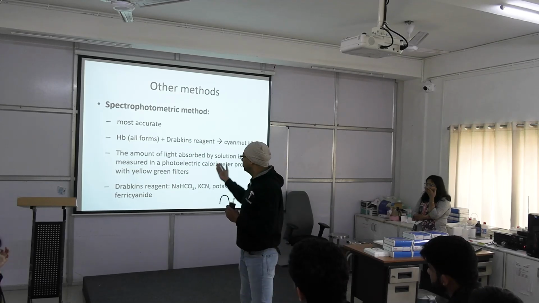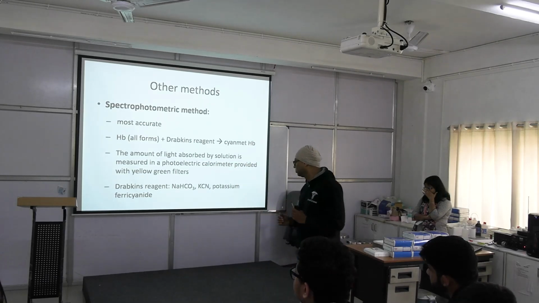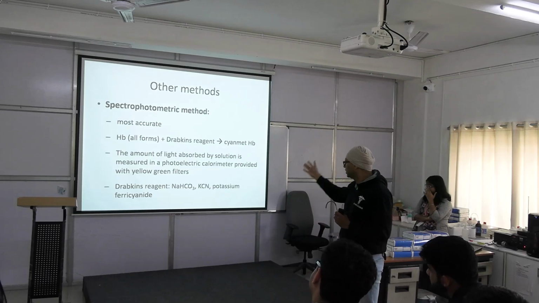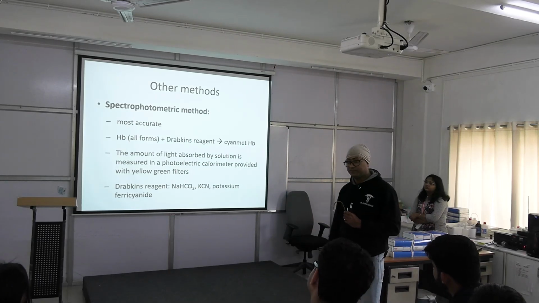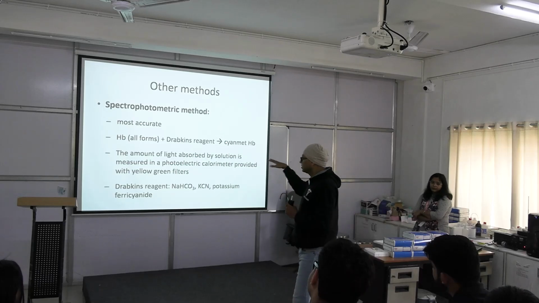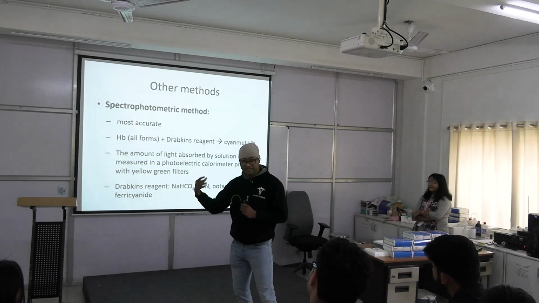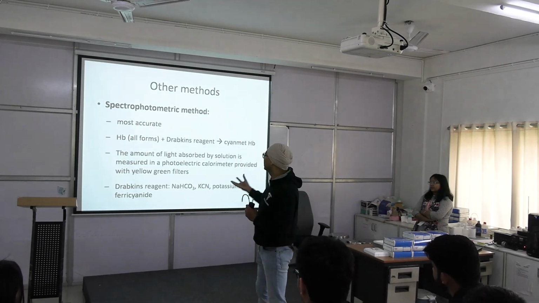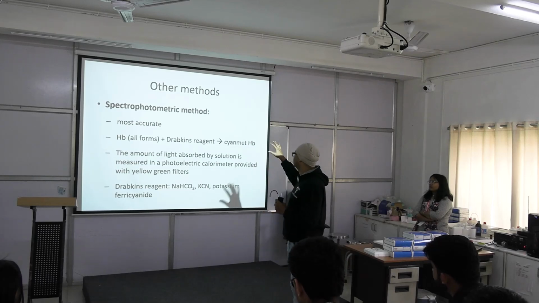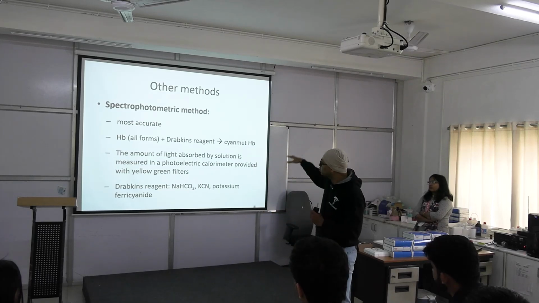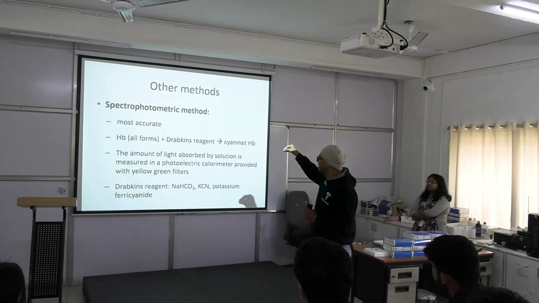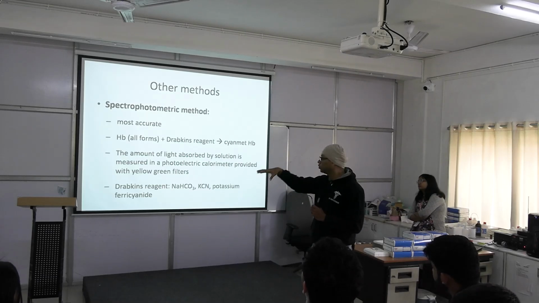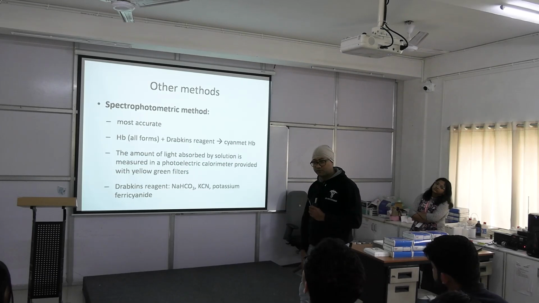Okay, so here we use Drabkin's reagent, okay, which is sodium bicarbonate plus potassium cyanide plus potassium ferricyanide. Okay, so here we use Drabkin's reagent instead of N/10 HCl, okay, and we form Cyanmethemoglobin. It is also called Cyanmethemoglobin method. यहाँ blood के साथ हम लोग Drabkin's reagent mix करते हैं, so that Cyanmethemoglobin is formed.